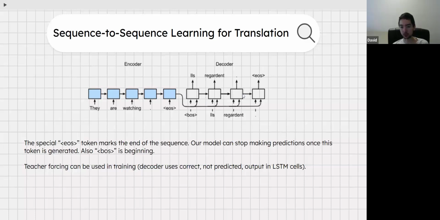Remember, we're training this using backpropagation, right? Each stage of the LSTM has as its input the output from the previous decoder LSTM step, like this rightmost cell. Can you guys see where my cursor is on the screen?